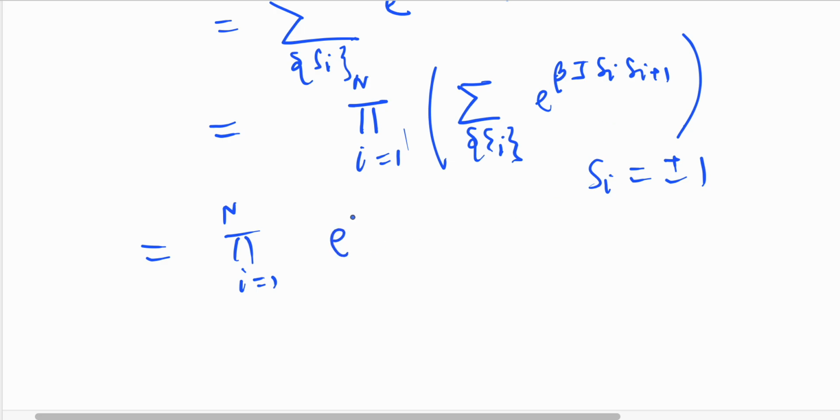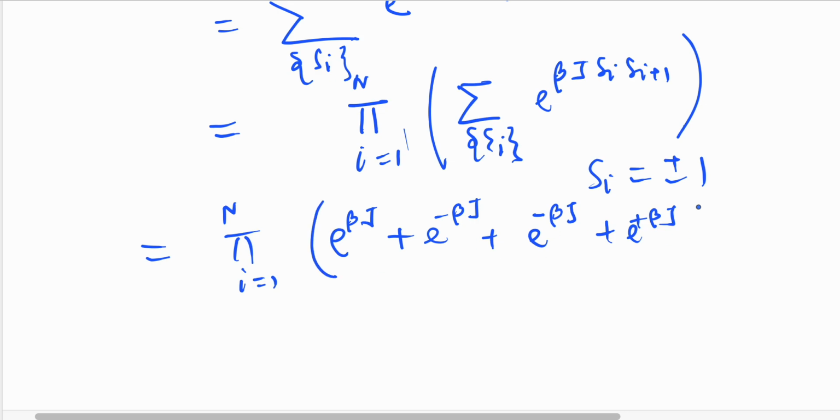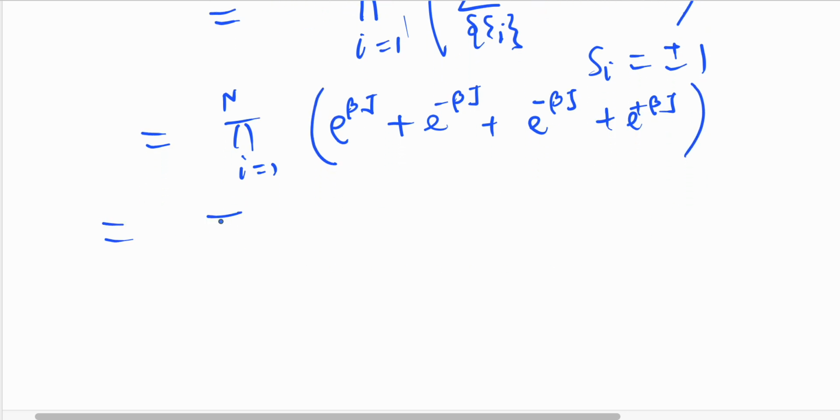The first term will give beta J for plus 1 plus 1, the second term plus 1 minus 1 gives minus beta J, the third term minus 1 plus 1 gives minus beta J, and the fourth term minus 1 minus 1 gives beta J, which does not depend on the site of the spin. That means it does not depend on i.